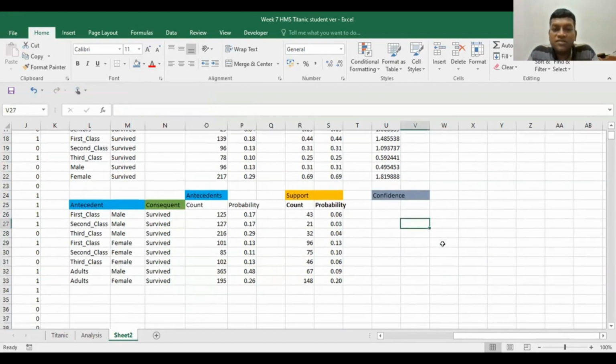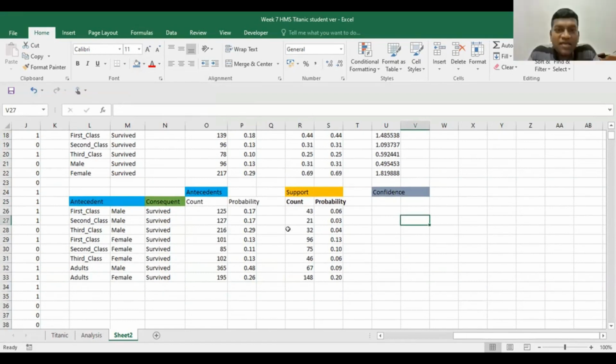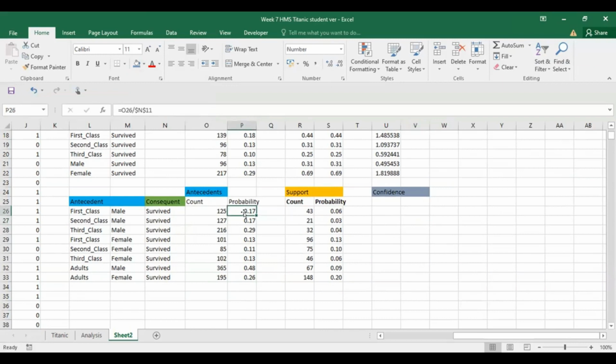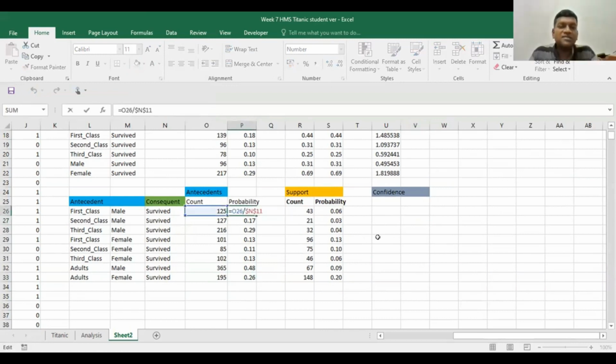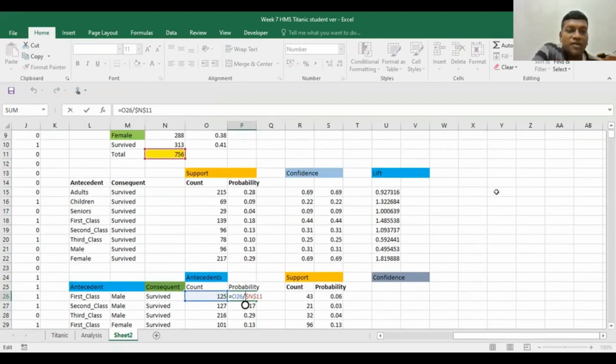Okay, confidence is... Excuse me, sir. Can you please hover on the cell P26? P26, is it? P for parrot. Is it okay? Okay. Yeah, basically it's the count divided by the number of people who've traveled. N11 picks up the value here, the total number of people on the ship. 756 passengers, right?